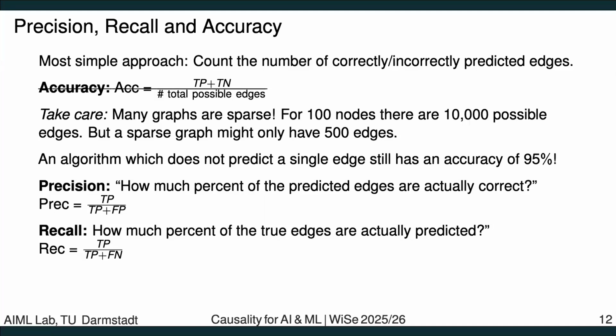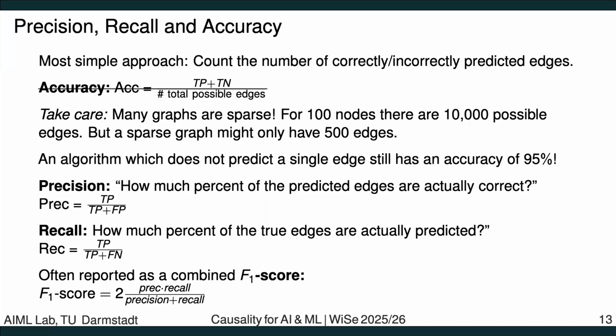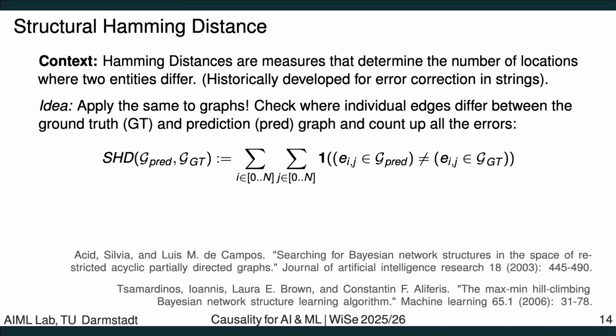Yeah, so that's recall, exactly. And precision is from the edges we predict, how many are correct, and in the reverse, how many of the actual edges that we had in our original graph are recovered, predicted again. And then usually you report the F1 score because it nicely combines both of them.